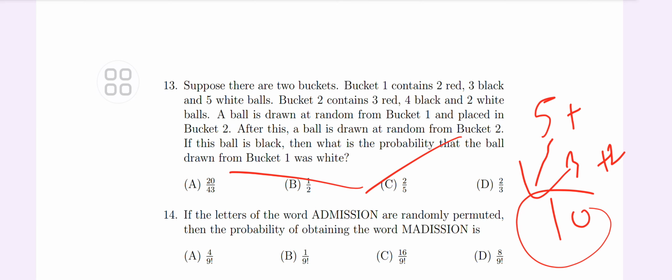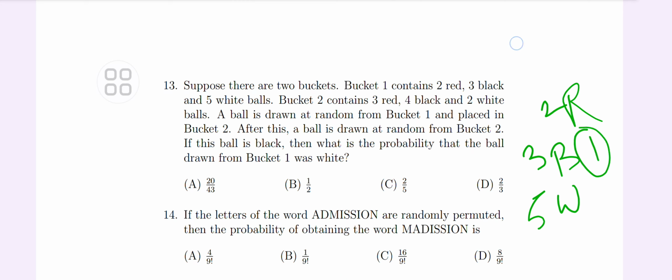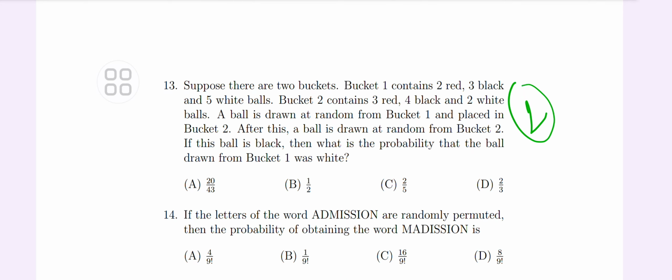Bucket 1 has 2 red, 3 black, 5 white balls. Bucket 2 has 3 red, 4 black, 2 white balls.